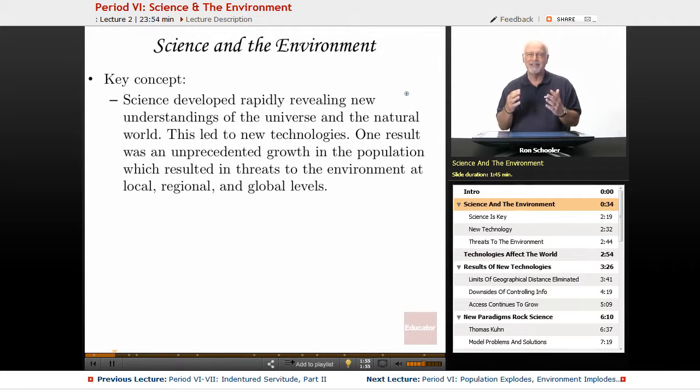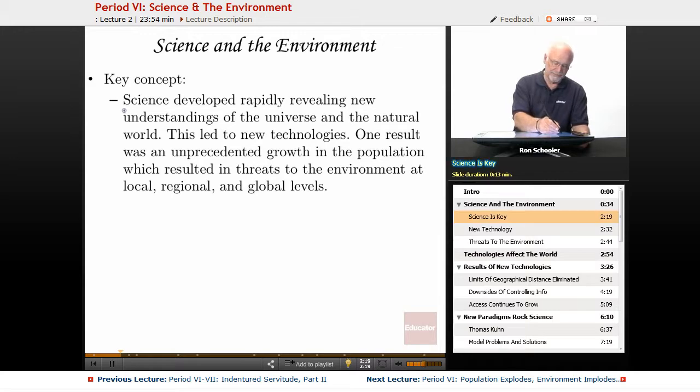In the late 19th, early 20th century, there's a lot of technology that comes about that's going to change life on Earth. And certainly one of those things we'll get to here is the number of people. So we have a key concept. Science is the key here, and it developed rapidly.